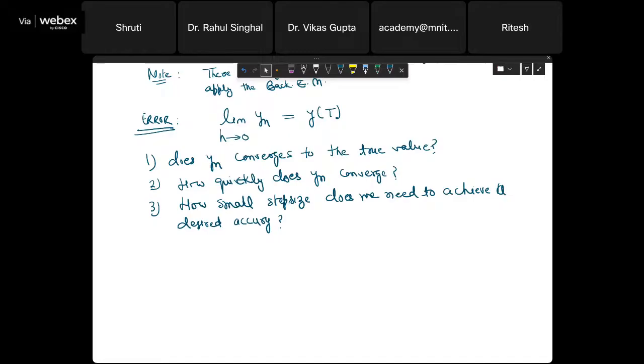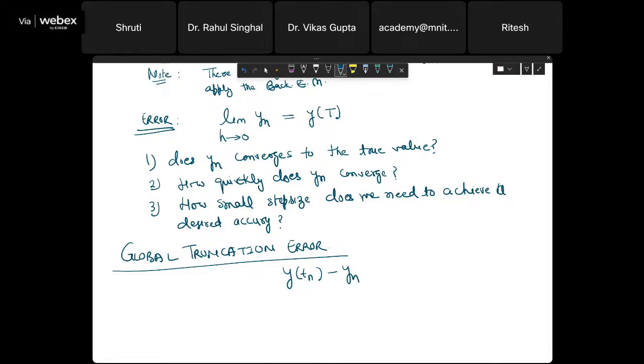So the global truncation error is nothing but the difference between the actual solution at step n and the approximate solution.